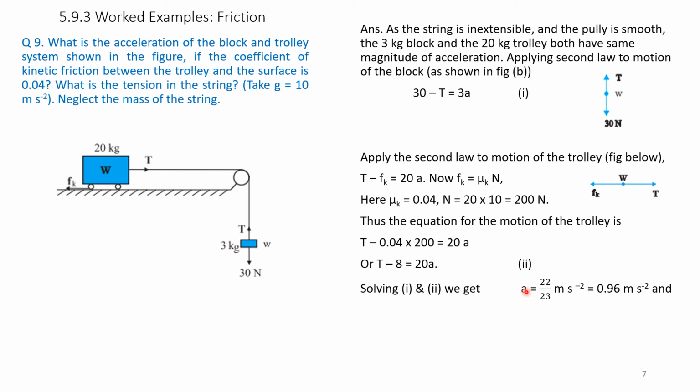Simplifying, we get A equal to 22 by 23 meters per second square. The value of acceleration is 0.96 meters per second square. Substituting the value of A, we get T equal to 27.1 newtons.